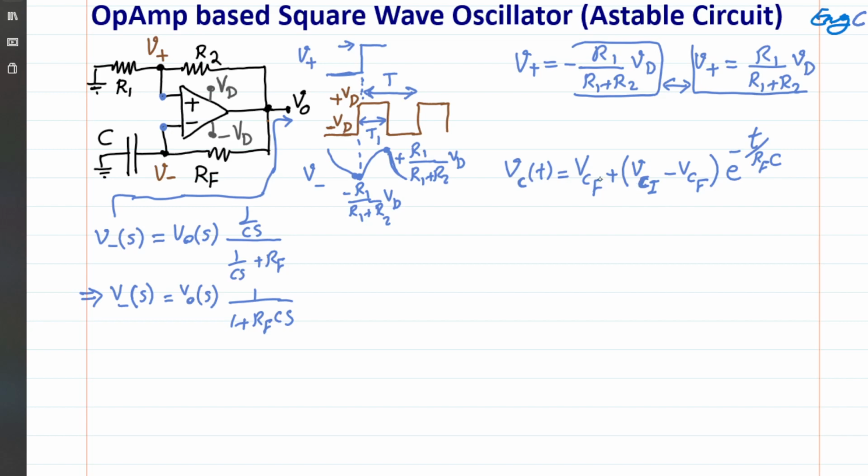And the reason intuitively that you can think of this equation as correct behavior in a simple RC circuit is because at time zero, meaning the start of the behavior, let me highlight it in a different color, at this time, you're moving up from negative R1 over R1 plus R2 times VD at this point to get to some value.